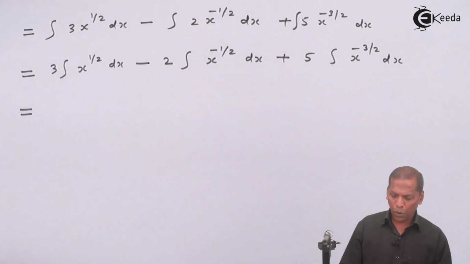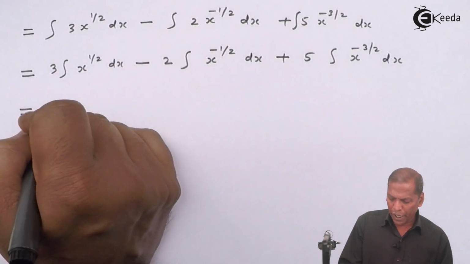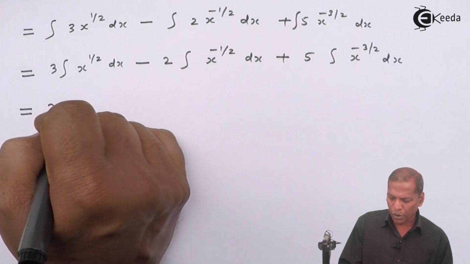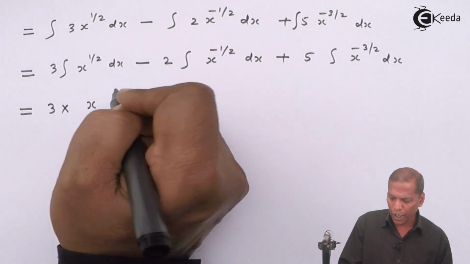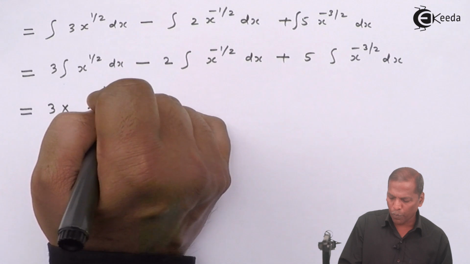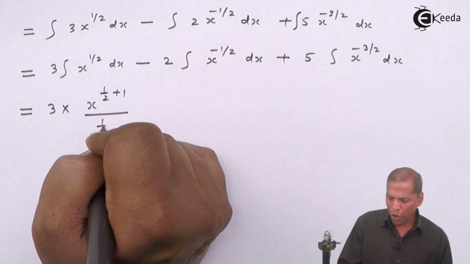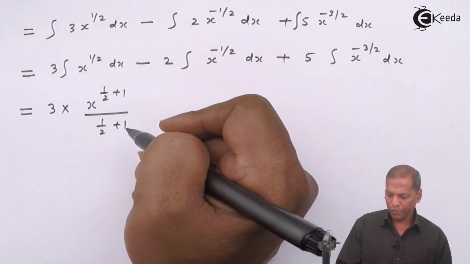So by using this rule, the above integration can be written as 3 into x raised 1 by 2 plus 1 upon 1 by 2 plus 1.